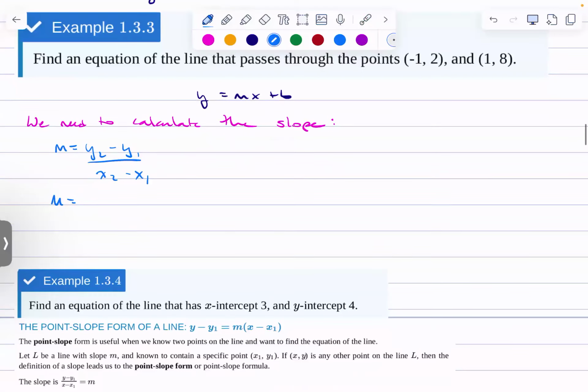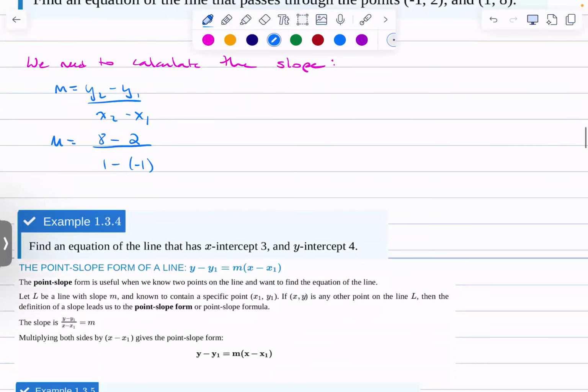M is, so y2 is going to be 8 minus y1, which is 2. X2 is 1 minus -1. Be careful with that minus -1, right? Because that becomes +1. 8 minus 2 is 6 over 1 plus 1 is 2.